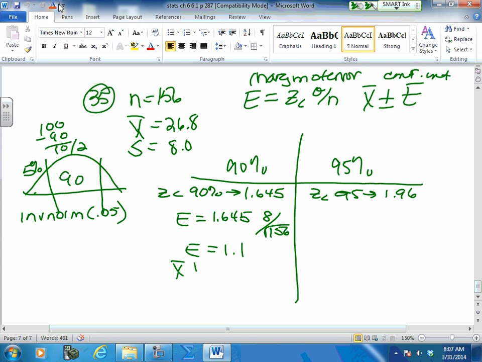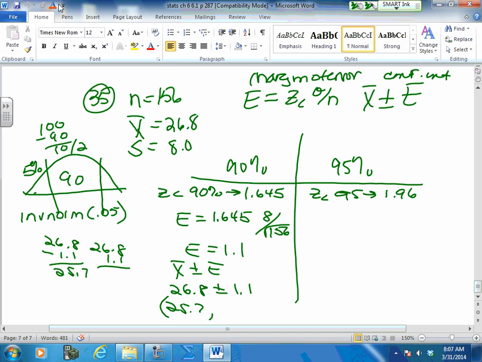Now, here's your formula. Our mean is 26.8 plus or minus 1.1. So we're taking 26.8 minus 1.1. That's the low end. We're taking 26.8 plus 1.1. That's the high end. This is my confidence interval.